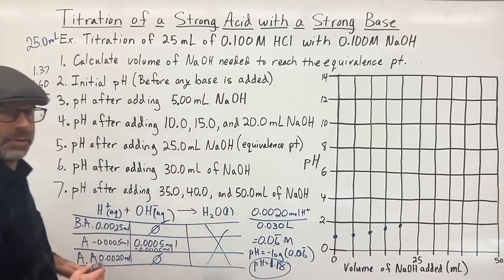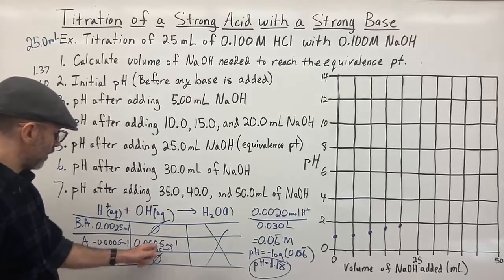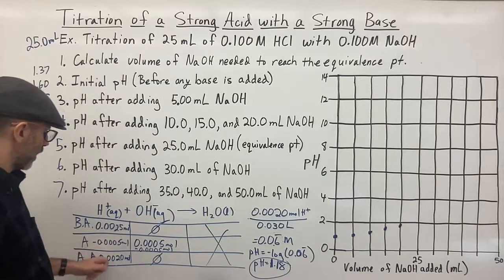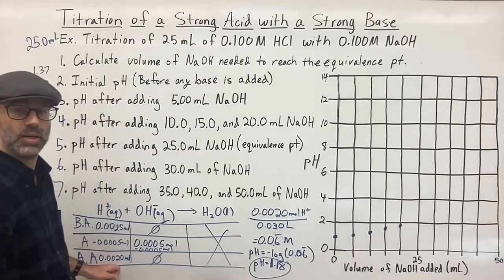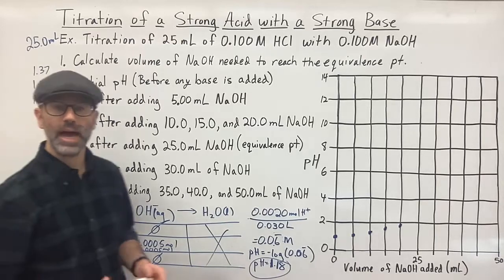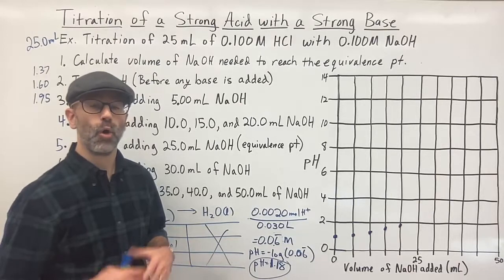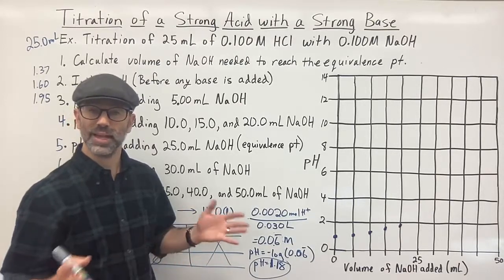And so the moles of the base is going to equal the moles of the acid, and that's going to cancel out, and we're going to have 0 H plus left over. And so at that point, the H plus concentration of our solution is only due to the autoionization of water. That's what's left.